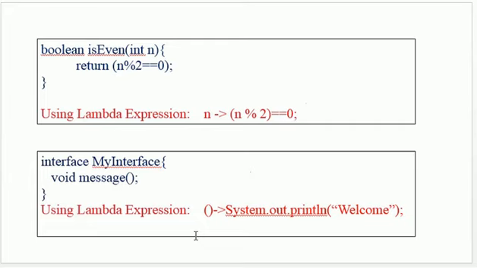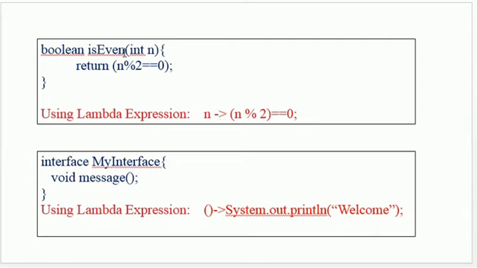Another implementation of the isEven method is given. The isEven method is taking one integer parameter and is returning one boolean value, and it's returning me true or false depending upon this condition, whether n gets divided by 2 or not. So if I want to convert it into lambda expression, what I'll have to do, first of all I'm going to put this lambda operator.